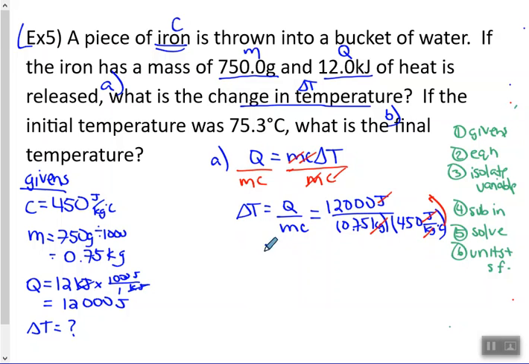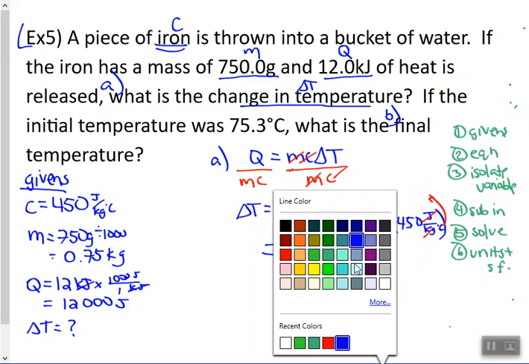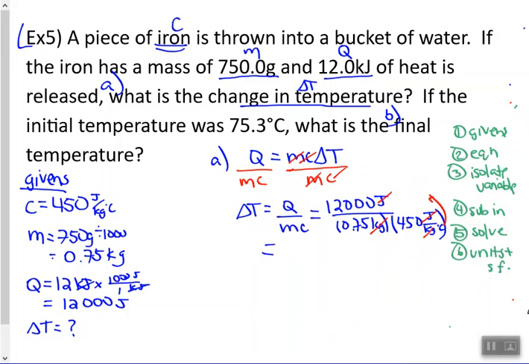Putting this into your calculator, you need to watch out with your calculator steps, because I can already see some of you doing 12,000 divided by 0.75 times 450, which your calculator, if you put that in exactly as I said, will move that 450 up to the top instead of keeping it on the bottom. So if you put this all in at once, make sure you put that whole denominator in brackets.